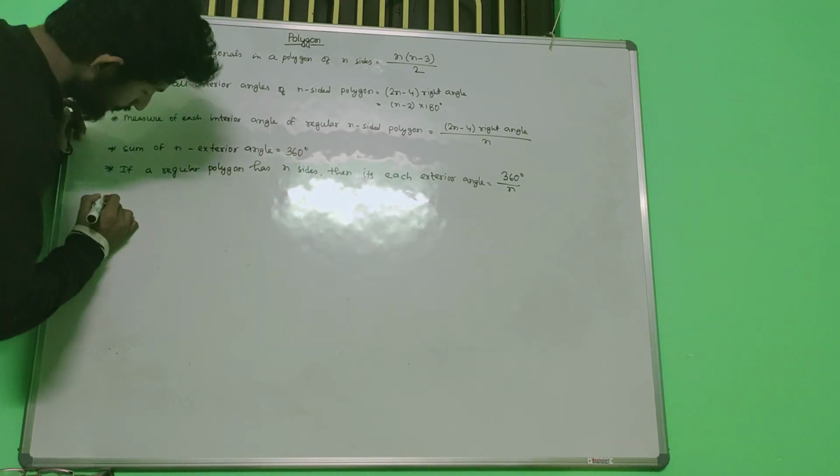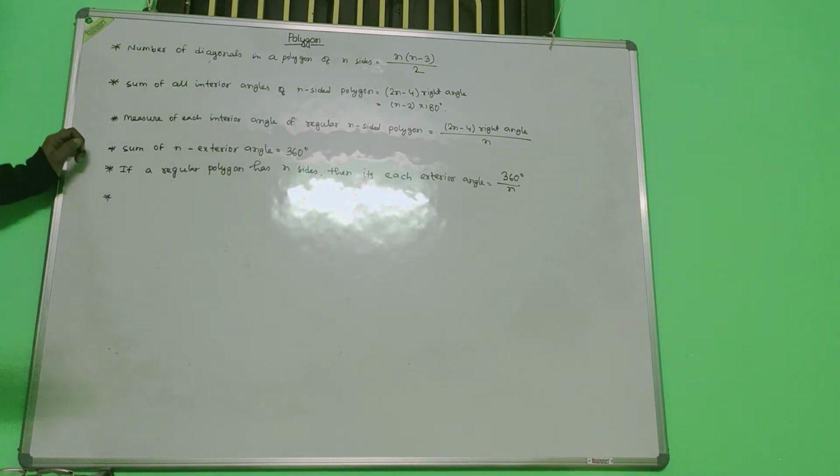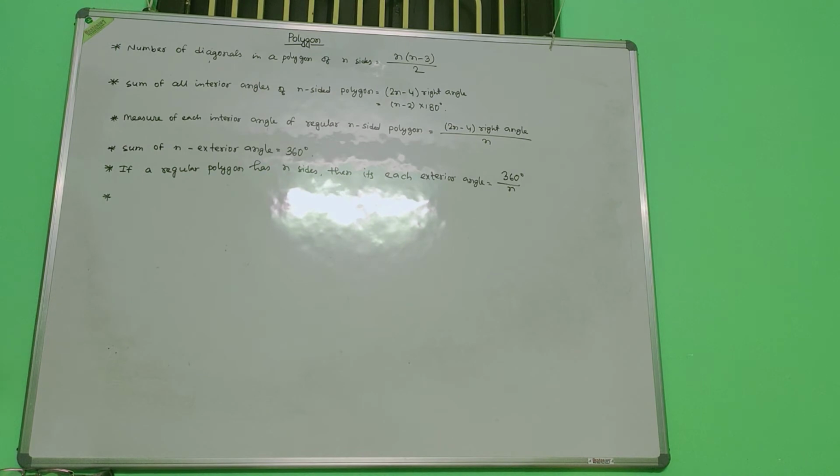Now also, if each exterior angle is given, then you have to find the number of sides.